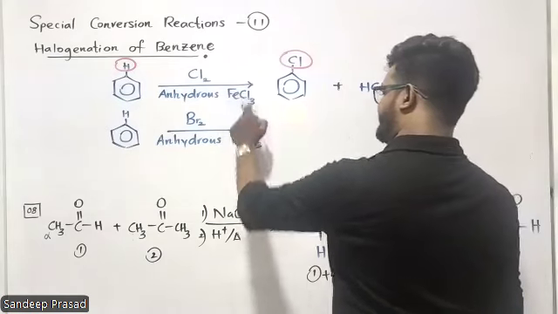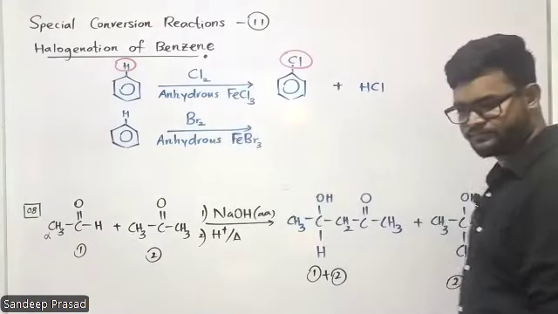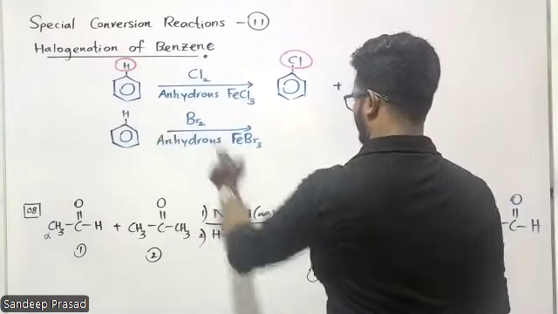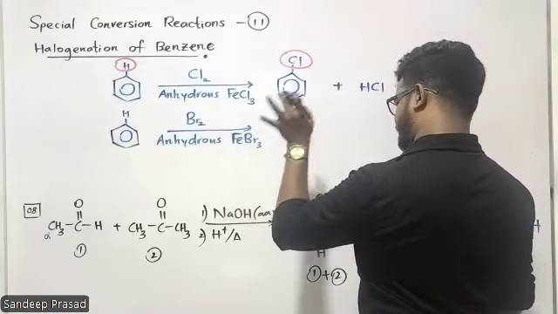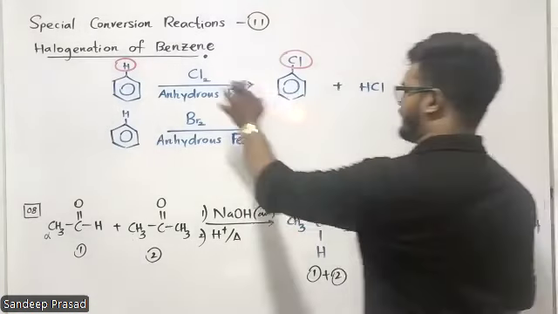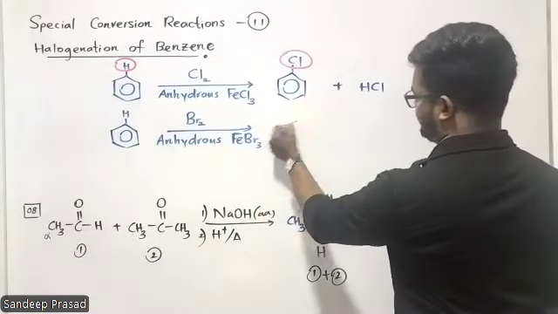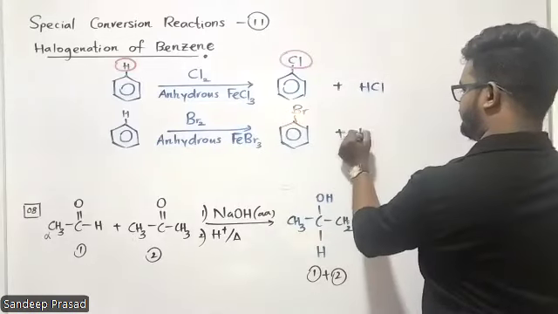So if I use FeCl3 here and FeBr3 here, that's fine. It's okay, right? Because the main species that is adding to the benzene ring is Br. So the catalyst that you are adding should be a Lewis catalyst. That's all, right? It's not compulsory to have the same element in the catalyst, no that kind of rule. So what will happen? Instead of hydrogen, bromine is coming there. So the byproduct is HBr.